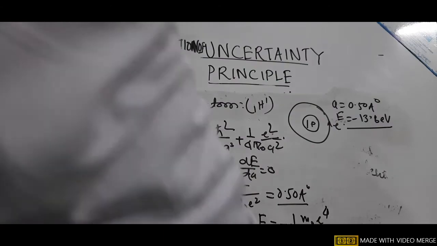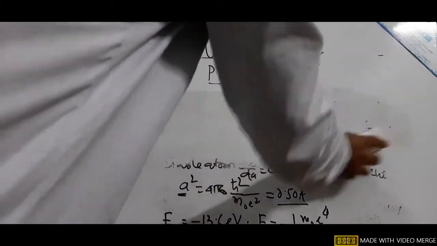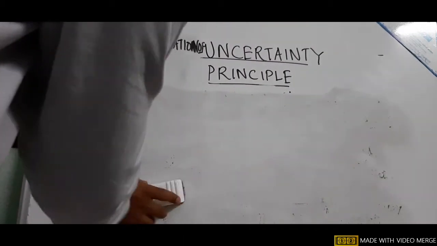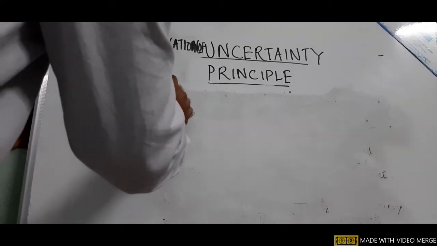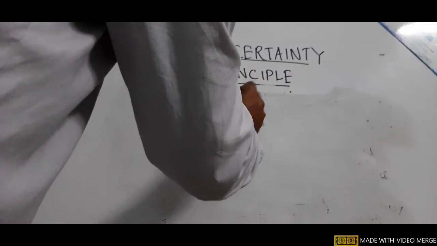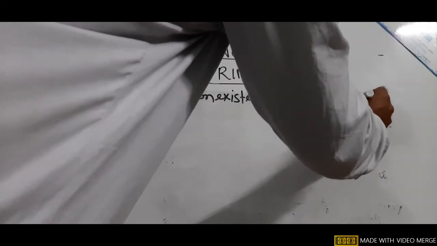Similarly, we apply another application: how the electron cannot be present inside the nucleus. This also will use the Heisenberg uncertainty principle, the non-existence of the electron inside the nucleus.